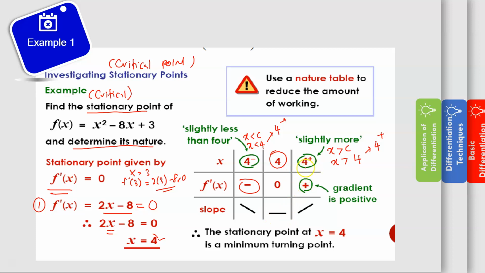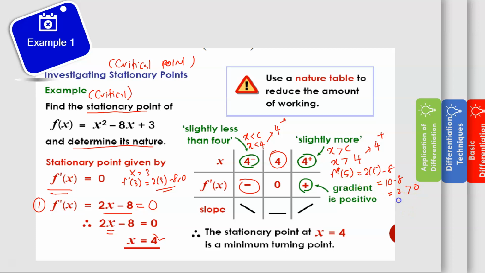But at 4, on the positive side, you can substitute any value which is greater than 4. In this case, let's say I substitute f'(5), which is equal to 2 times 5 minus 8. Here we get 10 minus 8, which equals 2, that is greater than 0.